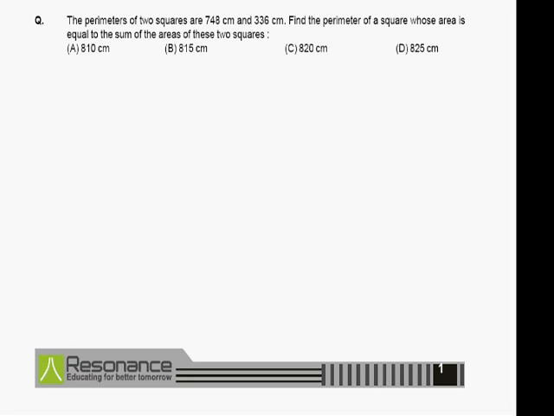The perimeter of the first square is 748 centimeter and the perimeter of the second square is 336 centimeter.